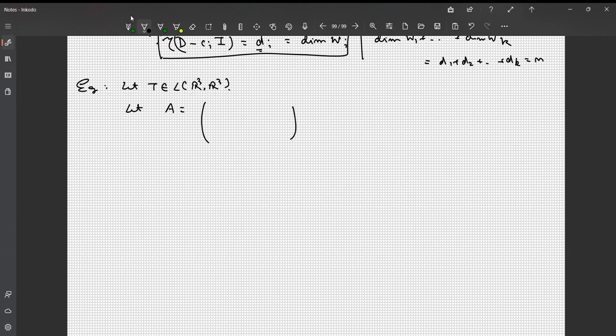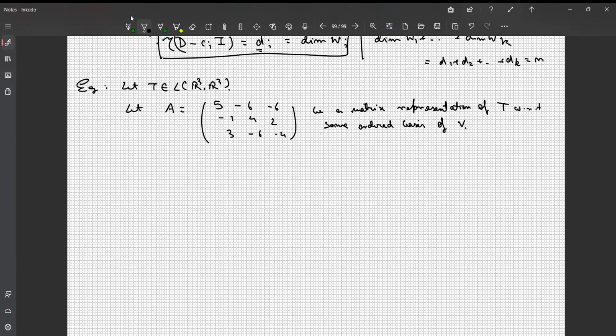So let A be the matrix 5, -6, -6; -1, 4, 2; 3, -6, -4, be a matrix representation of T with respect to some ordered basis of V.